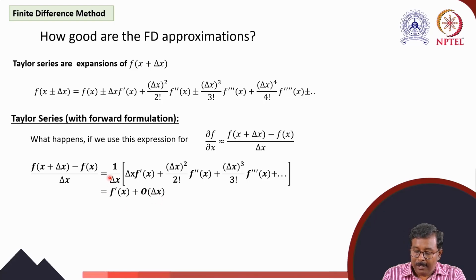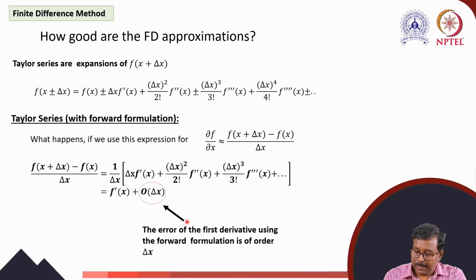And in the other case, in central difference and other techniques, we also can see what is the order of error. Here the order of error is delta x, and this, as I already mentioned, is the order of delta x. Why delta x?